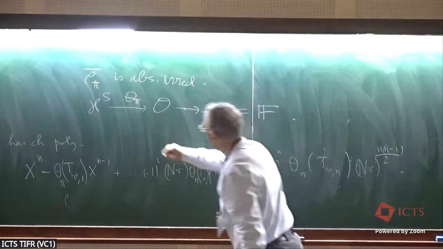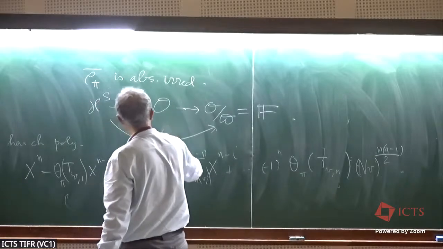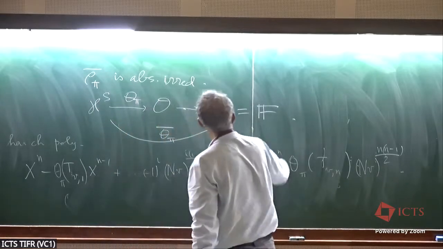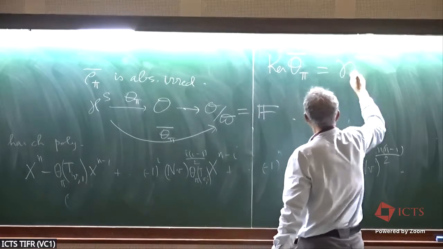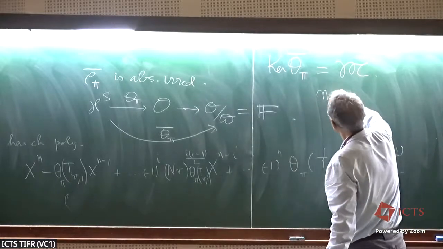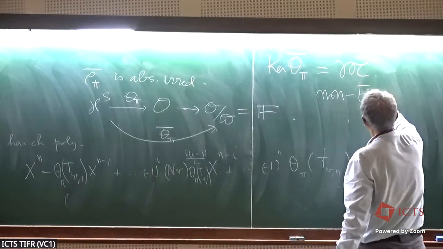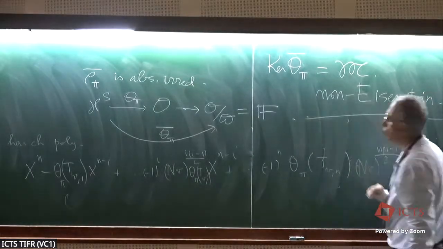You consider this composition, so you call this maybe theta pi bar. You consider the kernel of this reduction. This is a maximal ideal of the abstract Hecke algebra, and this is called non-Eisenstein. So we are in the non-Eisenstein situation throughout this work.